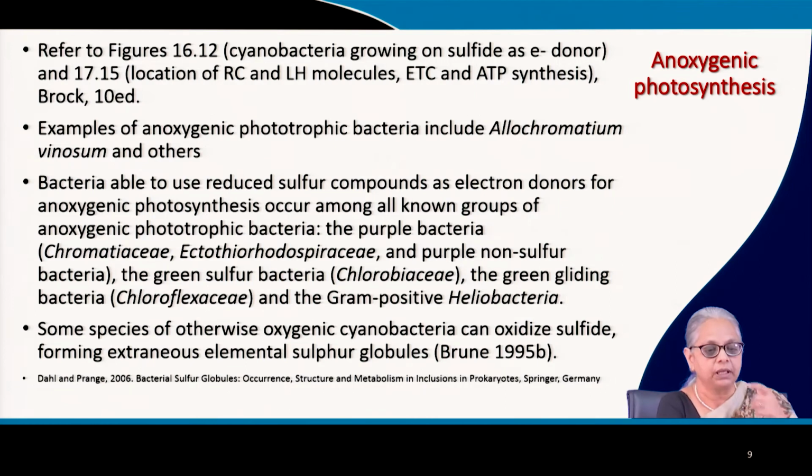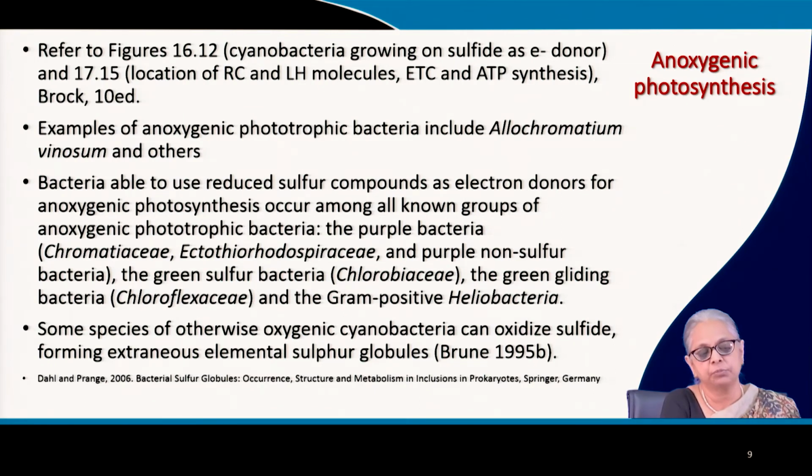So before we go too far, let's take a look at some of the anoxygenic phototrophic bacteria. One of the most common, or the most studied, is Allochromatium venosum. There are several other examples of bacteria that are capable of using reduced sulfur compounds as electron donors.